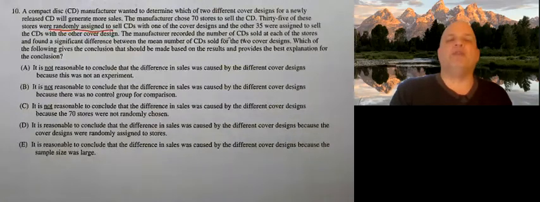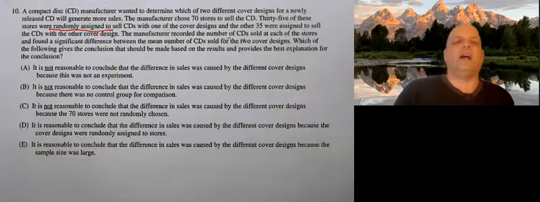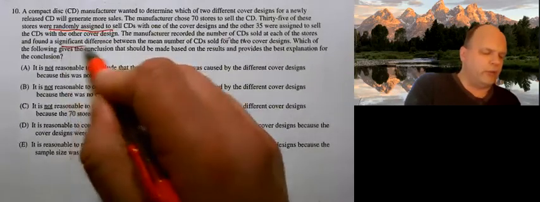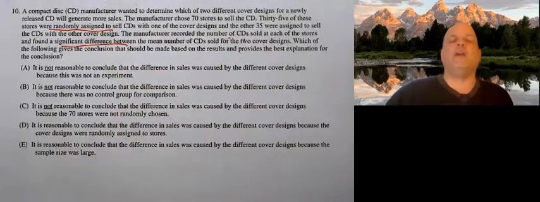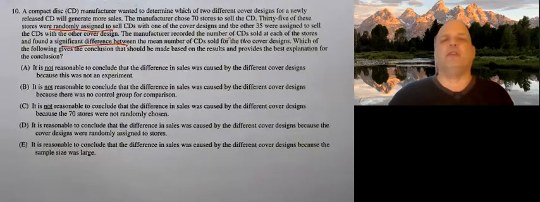Notice we have random assignment. The manufacturer recorded the number of CDs sold at each of the stores and found a significant difference. We have random assignment, which means we did an experiment, and the difference was significant.